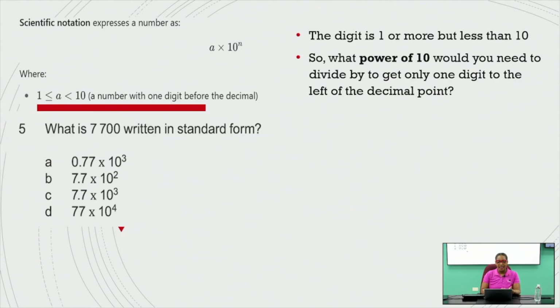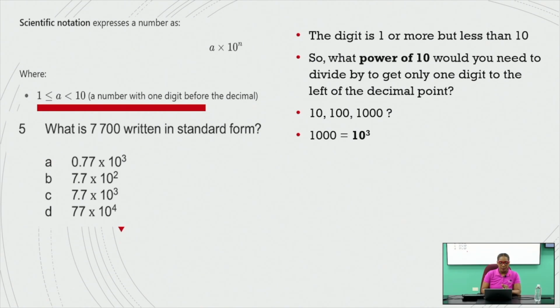So what power of 10 would you need to divide 7,700 by, where you only have 1 digit to the left of the decimal point? Is it 10? If I divide 7,700 by 10, what do I get? I'm going to get 770. So it's not 10. What about 100? I'm going to get 77.